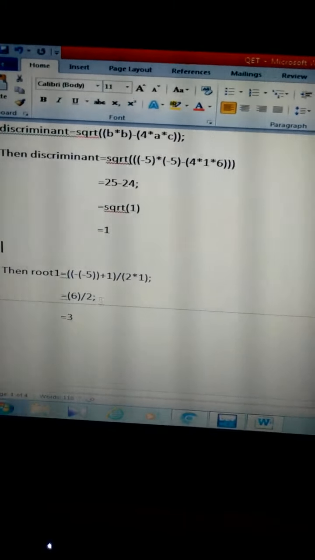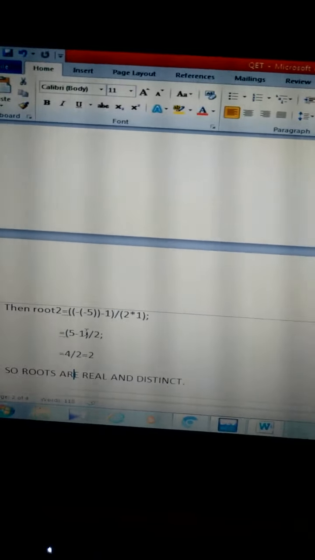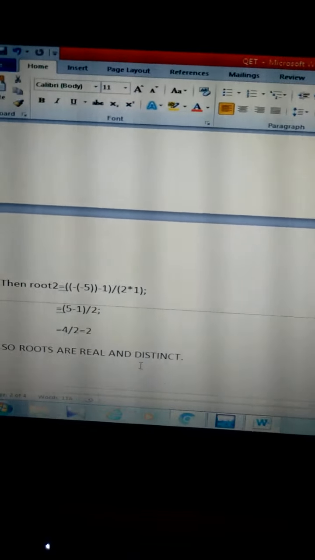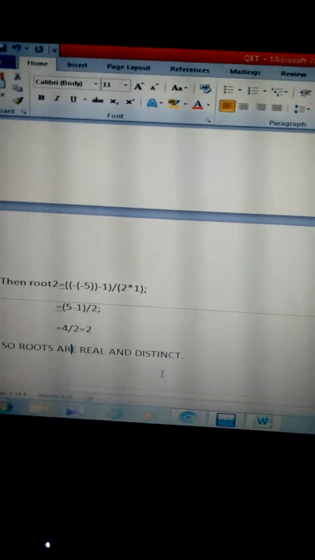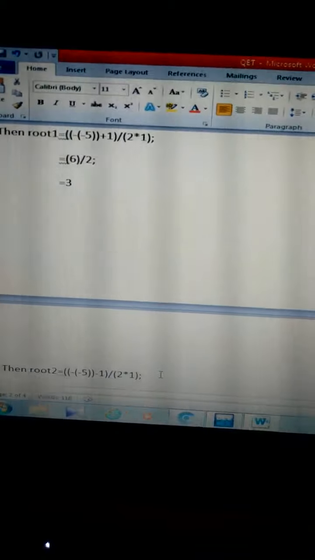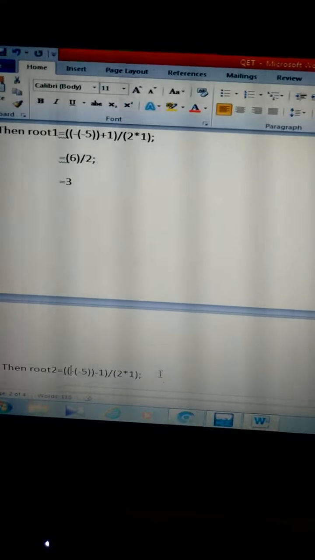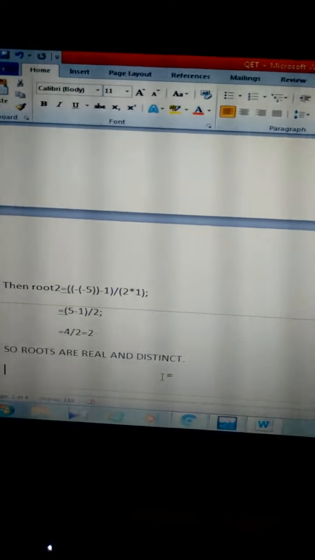See the calculation clearly mentioned here, and root 2 becomes 2. So the roots are real and distinct. For the discriminant we got 1, which is greater than 0. If the discriminant value is greater than 0, then the roots are real and distinct.